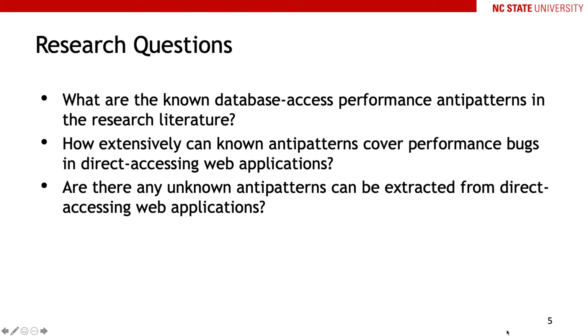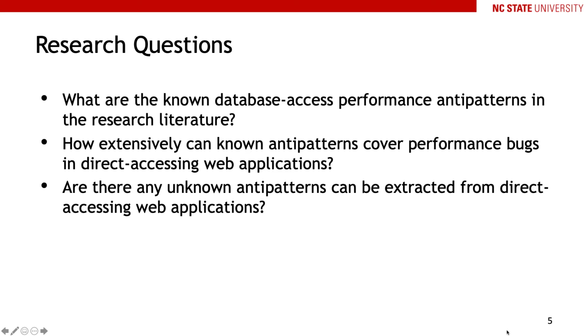Firstly, since existing studies didn't comprehensively cover anti-patterns in their literature surveys, we want to know what are the non-database access performance anti-patterns in research literature. Secondly, current characteristic studies focused on database access performance bugs in ORM-based web applications to extract anti-patterns.